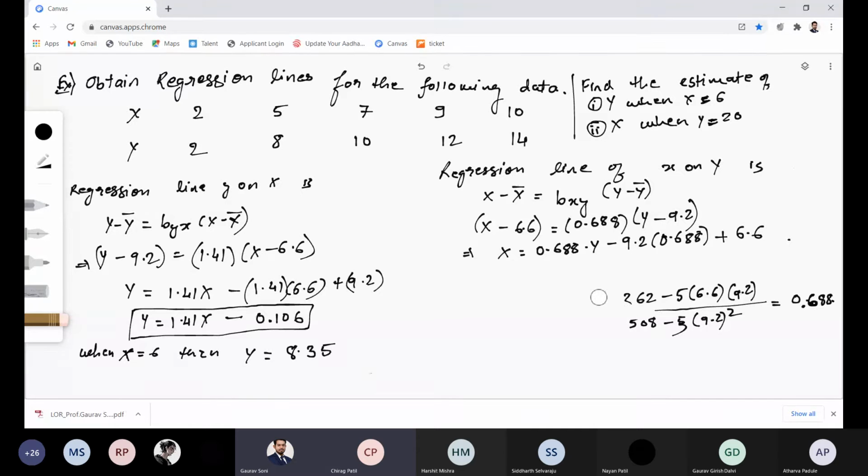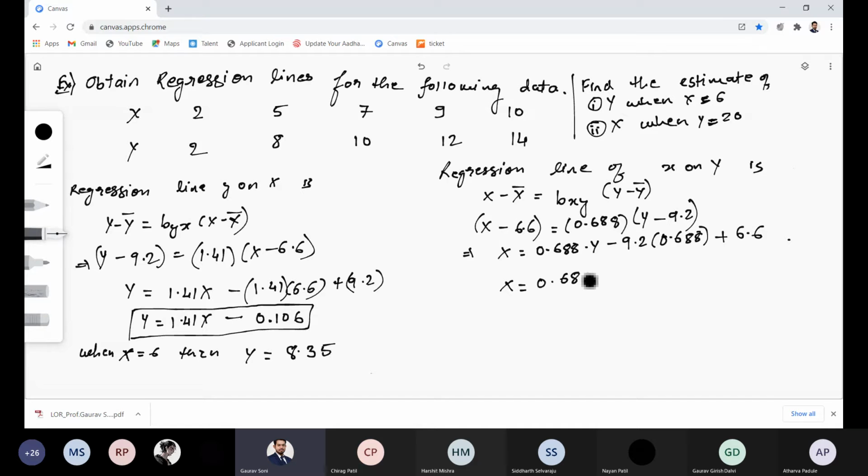The coefficient is 0.27, and the constant term is 0.27. So x equals 0.688 y plus 0.27. So when y is equal to 20, x will be equal to 0.688 into 20 plus 0.27.